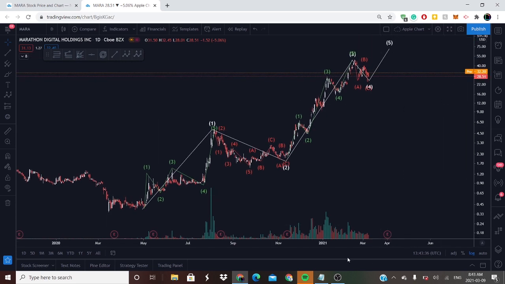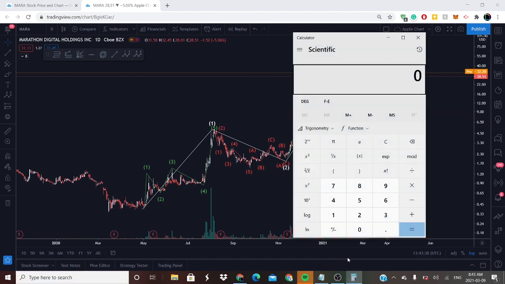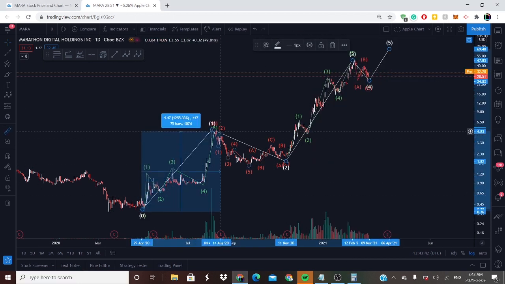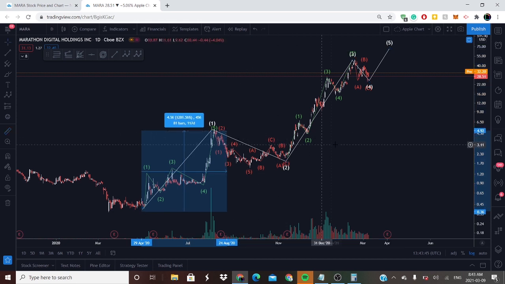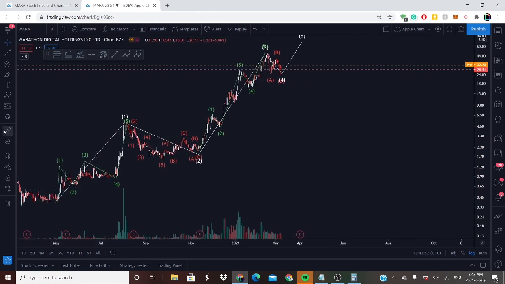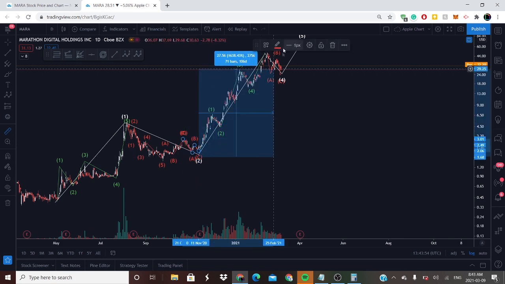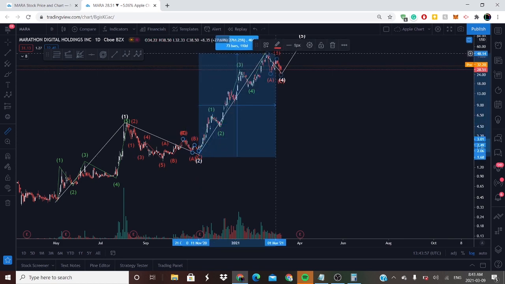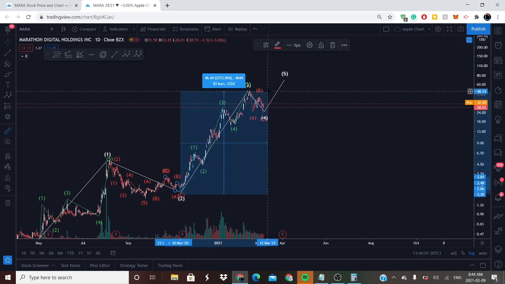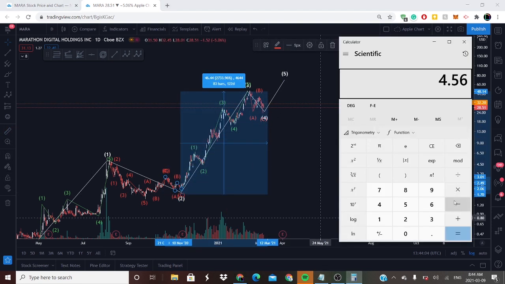If I take out the calculator and get the measurement of wave 1, which is about $4.56, and then I get the measurement of wave 2, which is about $46. So add 46.44.